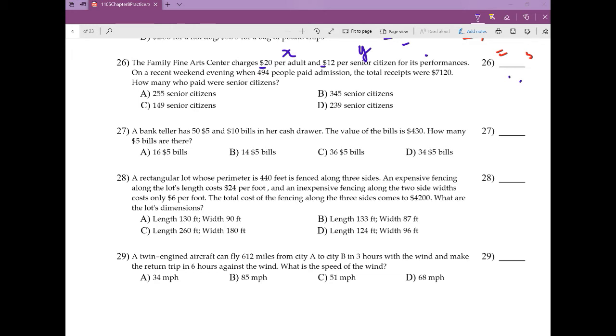The X and the Y by itself is going to give us the count. So I know that x plus y, based on the question, should equal 494, because it states it right here. So I'm going to have a certain number of adults and a certain amount of senior citizens.